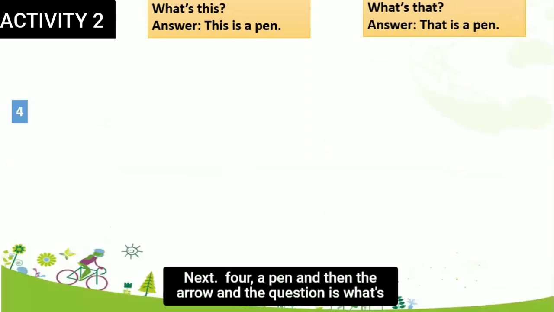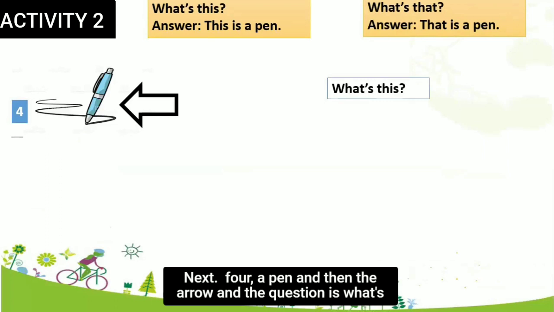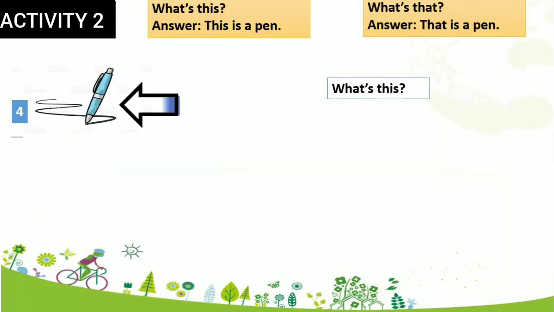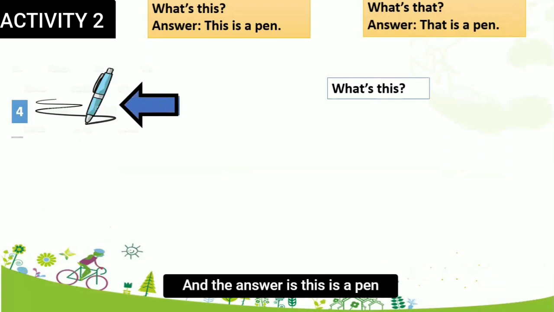Next, 4, a pen, and then the arrow. And the question is, what's this? Your 5 seconds starts now. And the answer is, this is a pen.